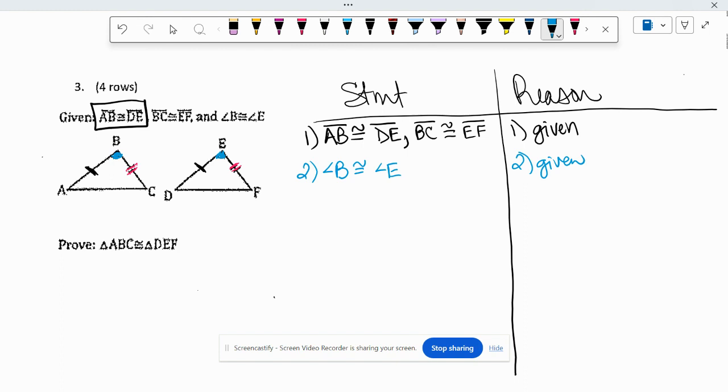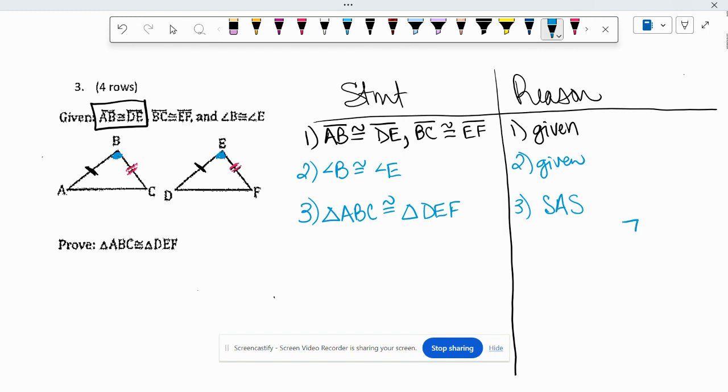Okay, what theorem are you going to use? Perfect. So let's say it. Triangle ABC is congruent to triangle DEF. Why? By side, angle, side.